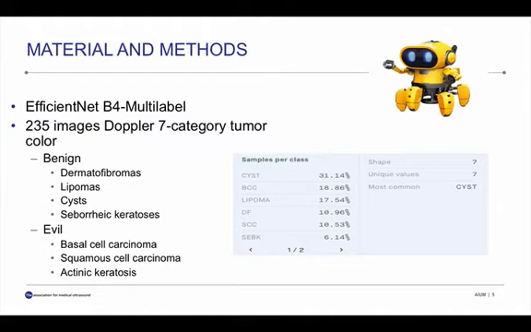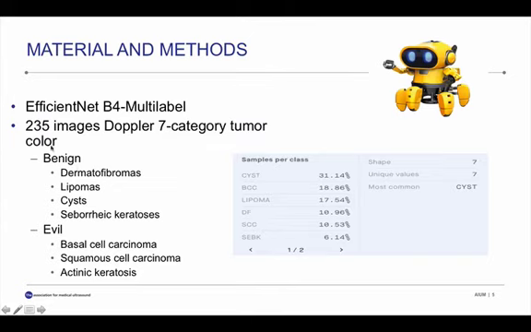The basic features are already trained, and we added 234 Doppler images in 7 categories of tumors that you see here, which more or less represent what we usually find in our everyday consultation in dermatologic ultrasound. Most of them are cysts, basal cell carcinomas, lipomas. They are benign or malignant. As you see, this cyst, for example, is benign, and BCC, basal cell carcinoma, is malignant.